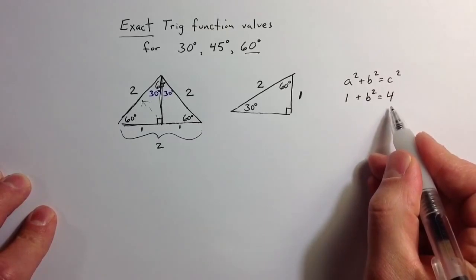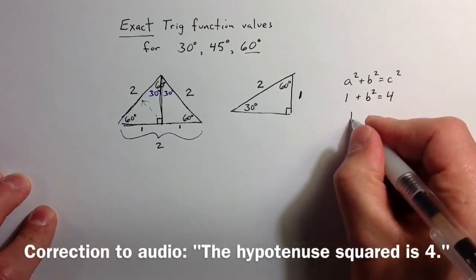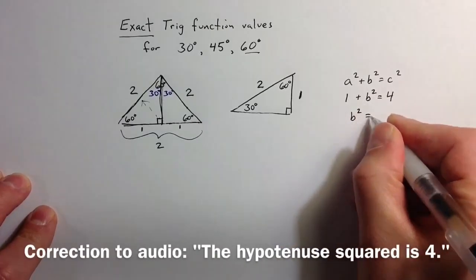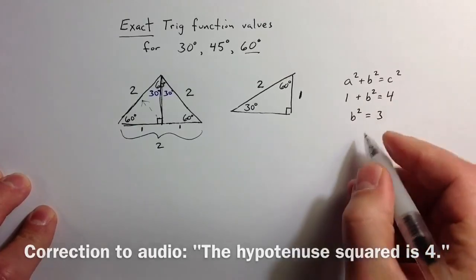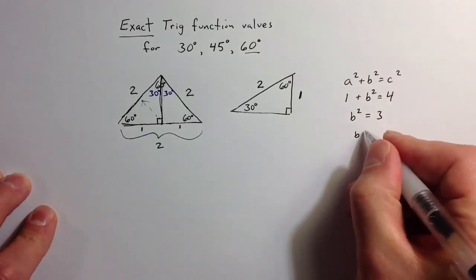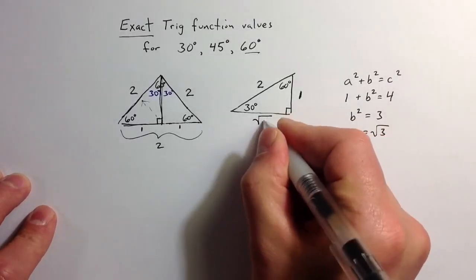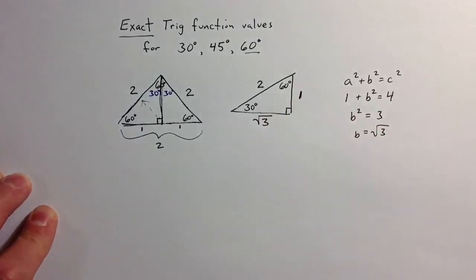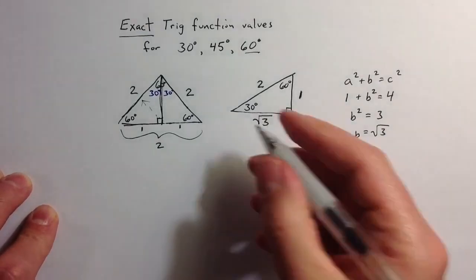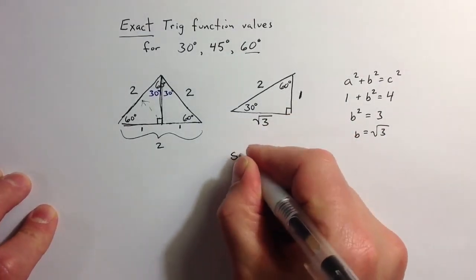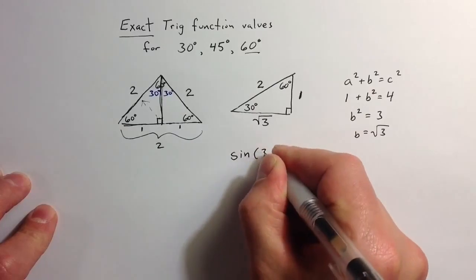And the hypotenuse squared is 4. I can solve for b. B squared has to equal 3, and b equals the square root of 3. So the side opposite the 60 degrees is the square root of 3.